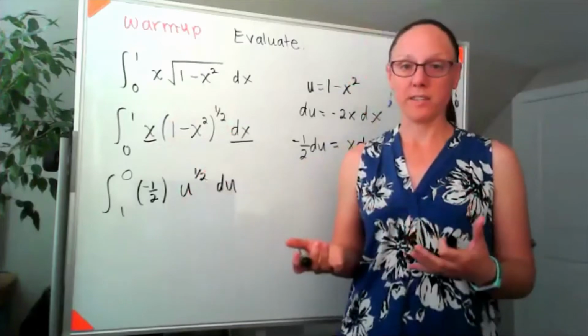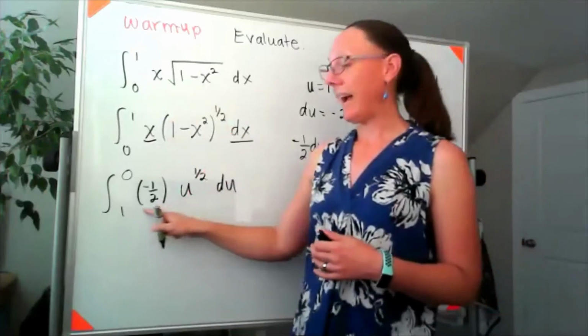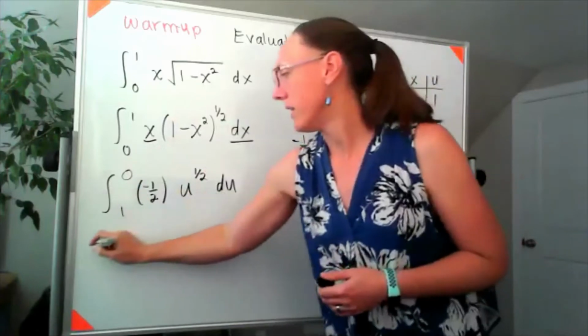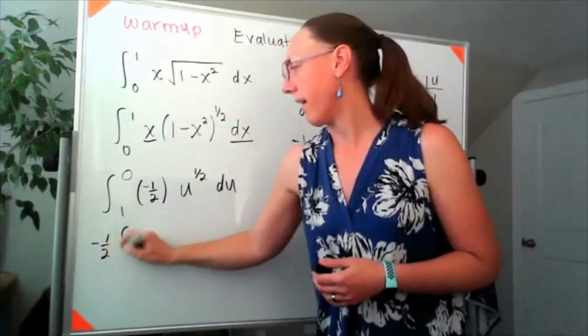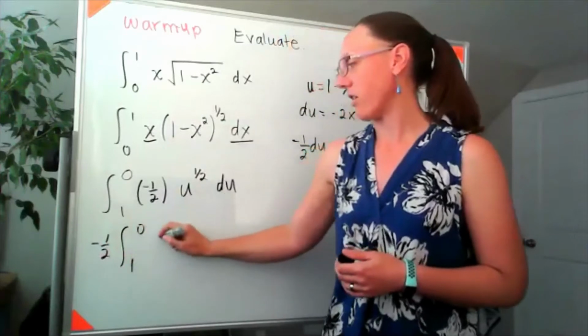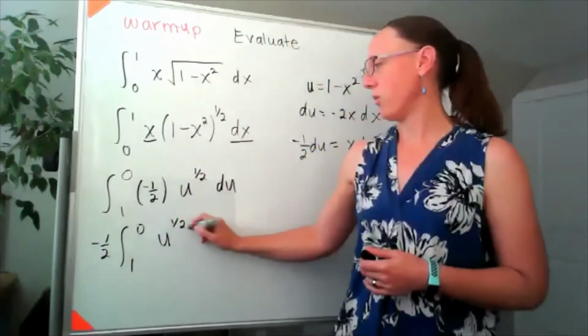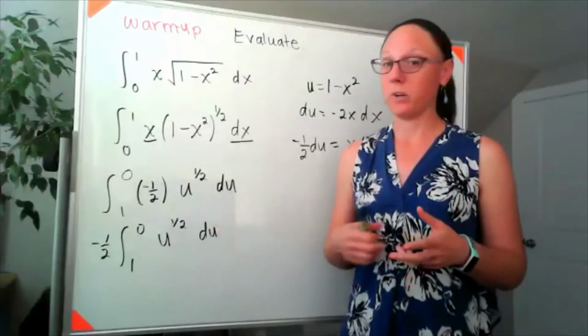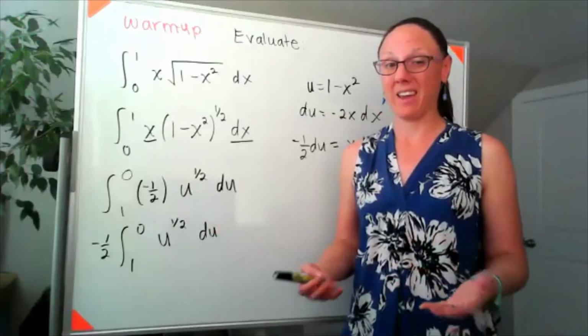We have a couple of choices at this point. I usually put that constant out in front. So that would look like negative 1/2 times the integral from 1 to 0 of u to the 1/2 du. Another choice that we can make, we don't have to do this step, but we can.